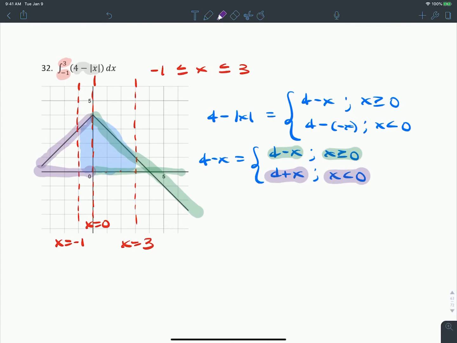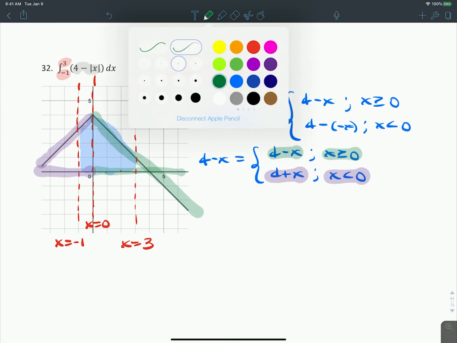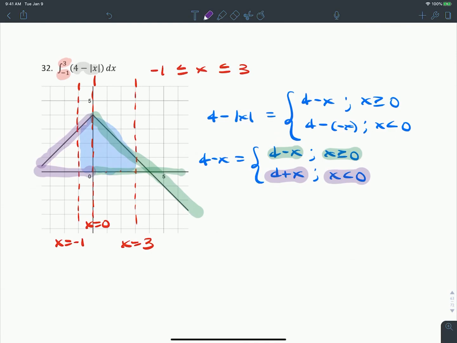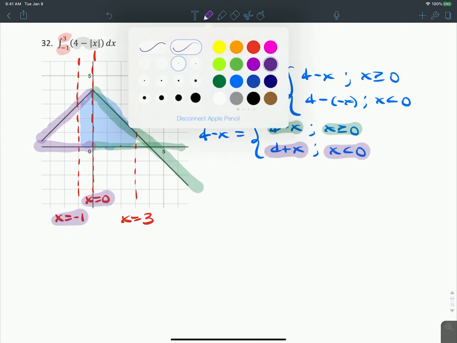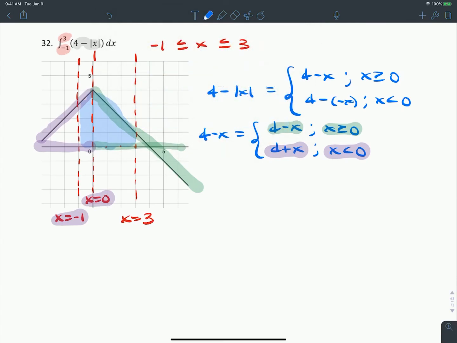So we're going to have two integrals again. And let's set this up. I'm going to do the left portion first, and that's in dark purple. So notice we're going to integrate from -1 to 0 here. So I want to start completely from the beginning to say the following.